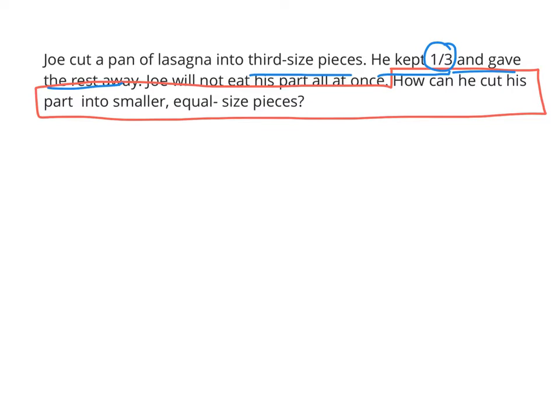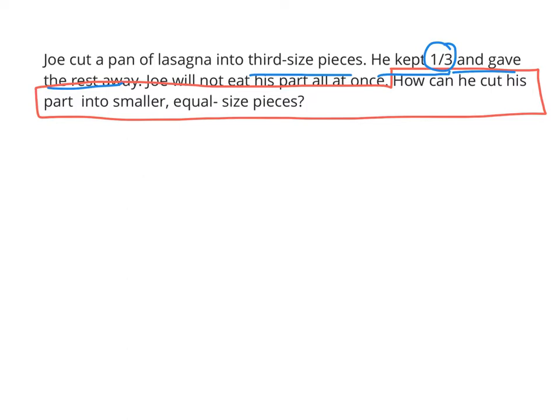So let's begin by first drawing a model to show, first of all, the lasagna, then Joe's part of the lasagna, and then how he could cut his part of the lasagna into 2 equal pieces.